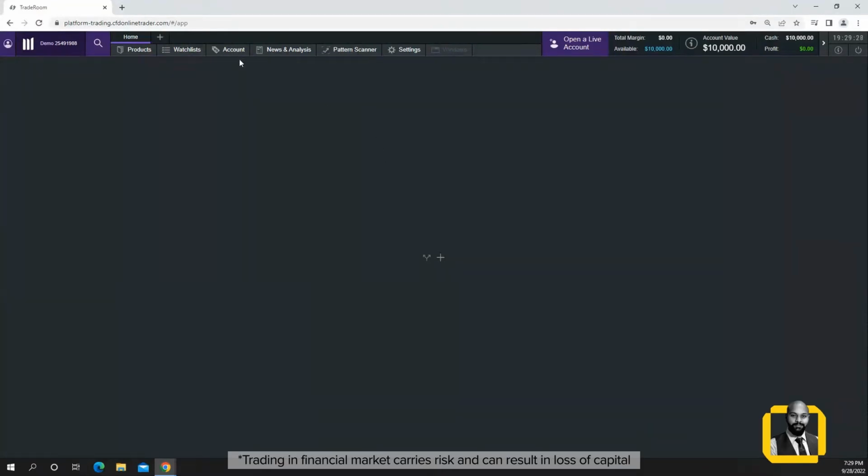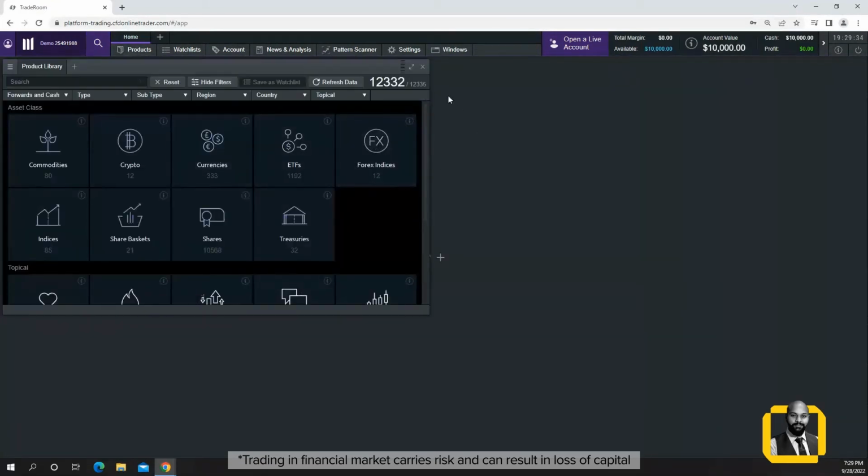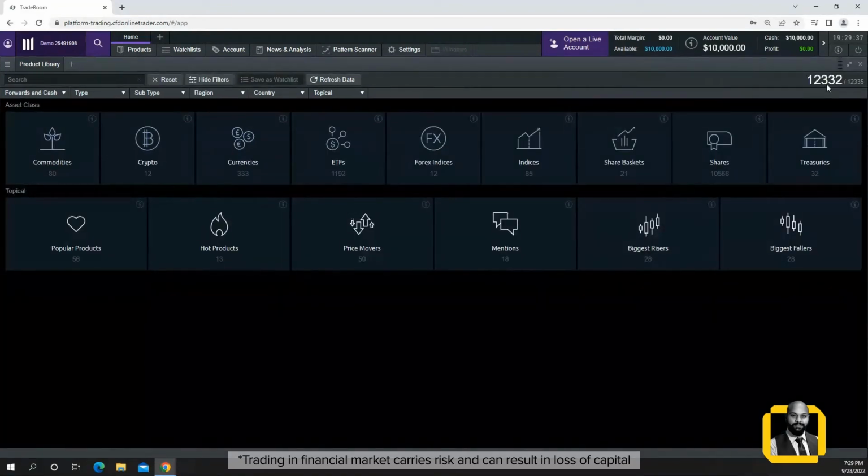All right, so this is how the platform looks. If you're very new to the platform, you have the product library, with almost 12,000 instruments that you can trade on or invest in. You have commodities, cryptos, currencies, ETFs, forex, indices, share baskets, shares. You can go through this one by one.